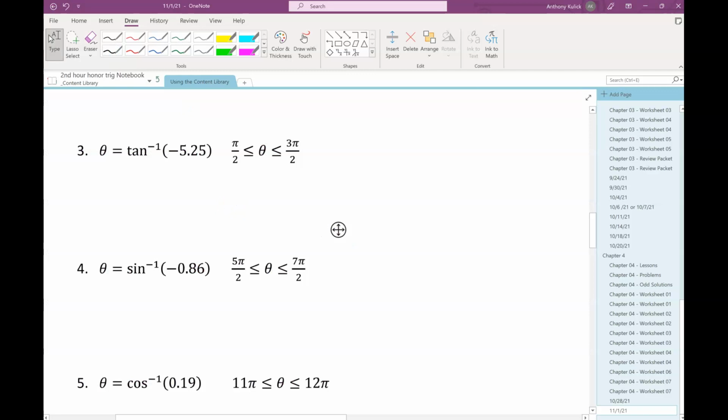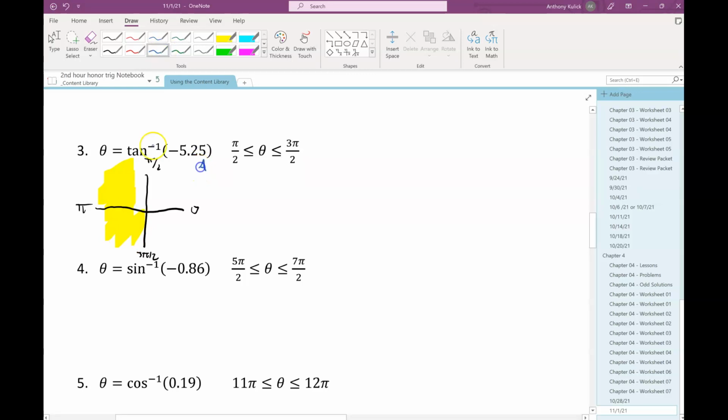So first thing we'll do is draw a picture to represent the interval that we're solving over. So 0, pi over 2, pi, 3 pi over 2. So we're looking at quadrants 2 and 3.